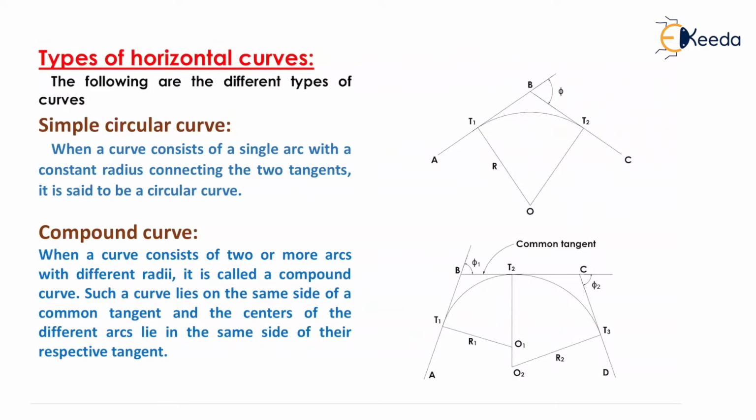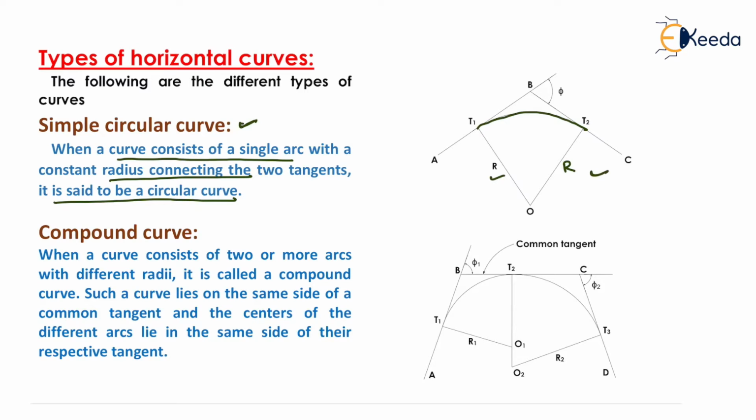Now we can move to the types of horizontal curves. There are various types of horizontal curves, starting with the simple circular curve, which is shown here. Now when a curve consists of a single arc, which is shown like this, with a constant radius connecting the two tangents, that is capital R and capital R, it is said to be a circular curve.